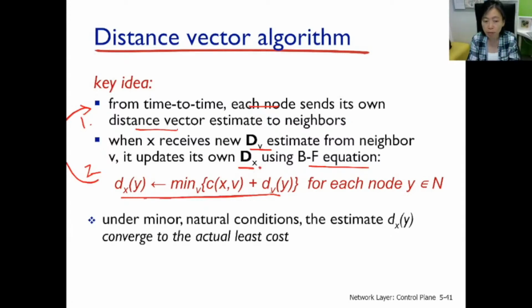So the Bellman-Ford equation is going to be called this many times, so that we derive the shortest distance to each of the possible destinations in the network N. A final note here: under minor natural conditions, the shortest distance estimate from x to y at the beginning might be really bad. But as time goes by, it's going to converge to the actual least cost. Minor natural conditions means that for normal internet operation, this is going to hold true.